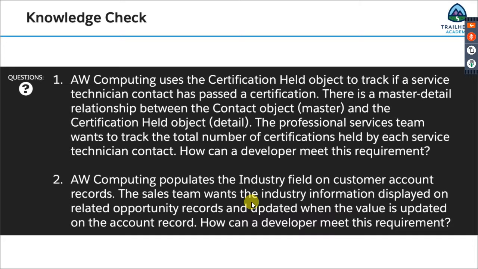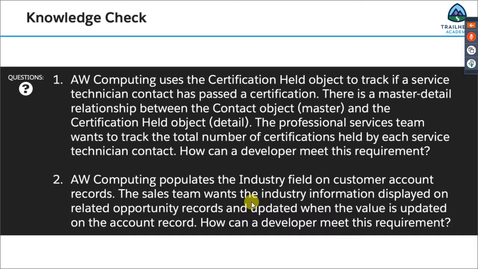So they want to have a number in the contact object that represents how many children, or how many details, that master has. How can a developer meet this requirement? Easy, roll-up summary field. Where do you put the roll-up summary field? Roll-up summary field goes on the parent.